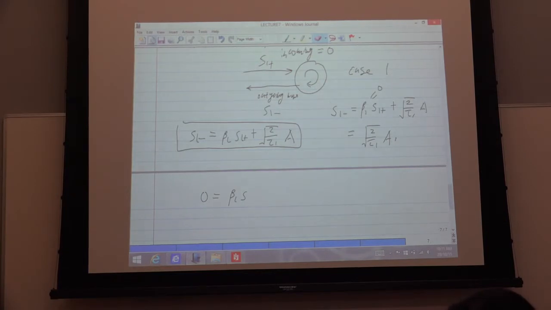So it's not good. It becomes incoming, plus the 2 tau 1 A1. So you can get this beta L equal to beta 1 equal to -1. Let me replace this.